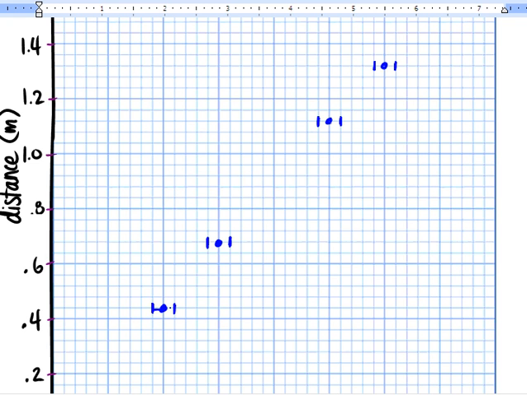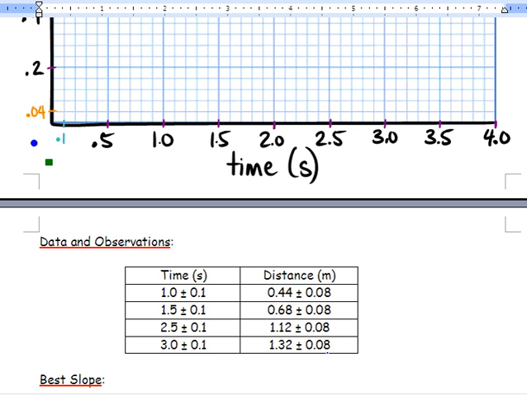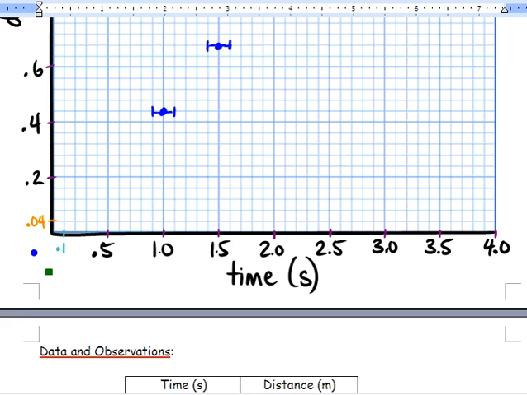And then we want to join those things onto the data points. So we're going to make what look like maybe little TIE fighters or something. There we go. And we want to do the same thing on the up and down, the distance axis. We've got this uncertainty of 0.08, which is going to be 2 little boxes up and 2 little boxes down.